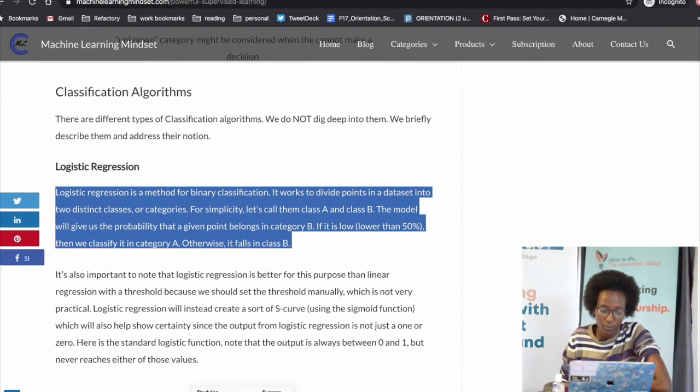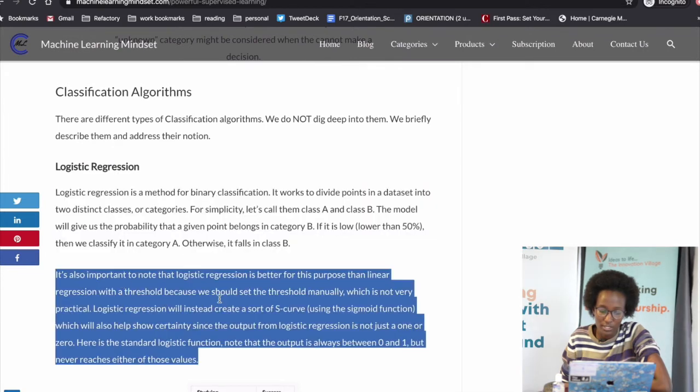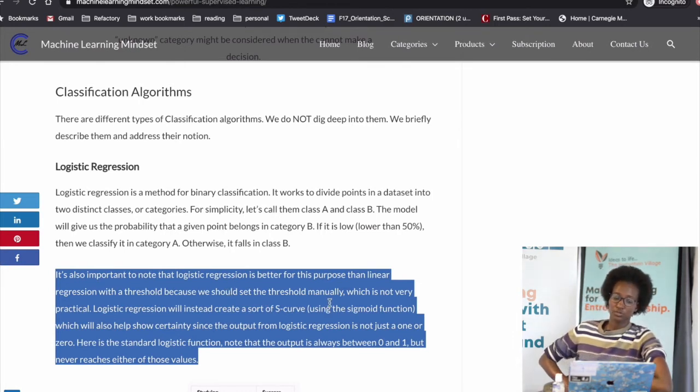Okay, it is also important to note that logistic regression is better for this purpose than linear regression with a set threshold, because we should set this threshold manually, which is not very practical.